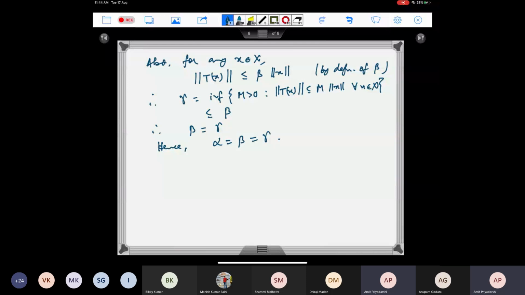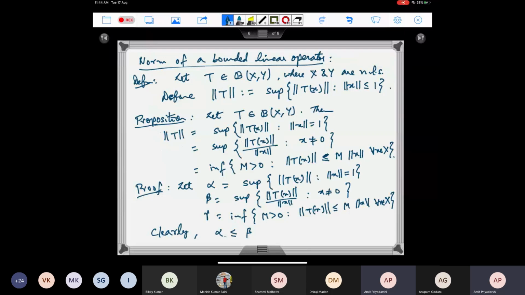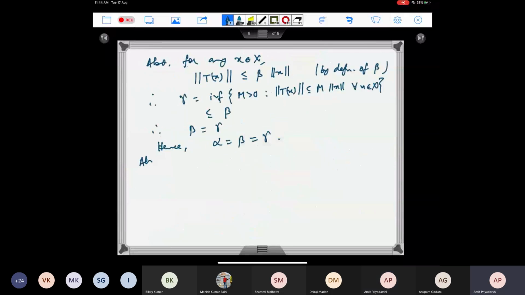So alpha is equal to the supremum of norm Tx for norm x equal to 1. This is obviously less than or equal to the supremum of norm Tx for norm x less than or equal to 1, and this is the same as norm of T. So alpha is less than or equal to norm T.